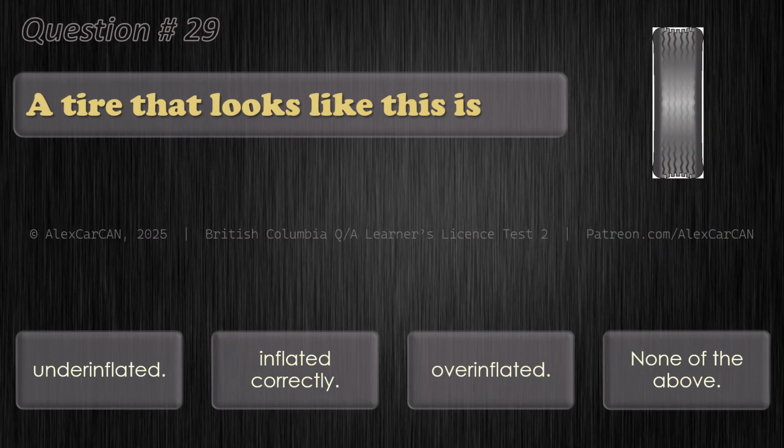Question number 29. A tire that looks like this is underinflated, inflated correctly, overinflated, none of the above. The correct answer is underinflated.